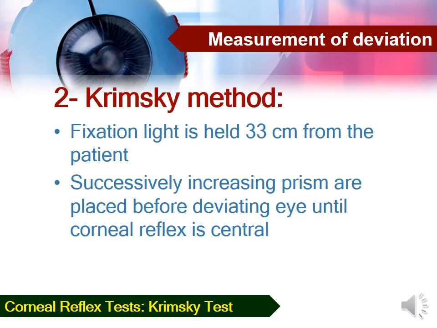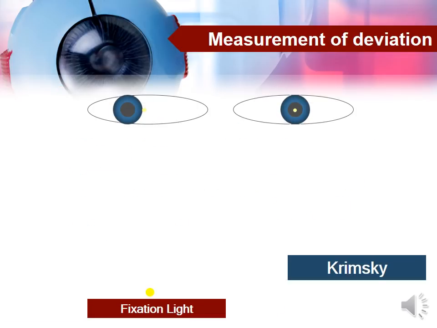In the Krimsky method, a fixation light is held approximately 33 cm from the patient. Successively increasing prisms are placed before the deviating eye until the corneal reflex is in the center. In this exotropic patient, the corneal reflex is not on the center of the pupil.